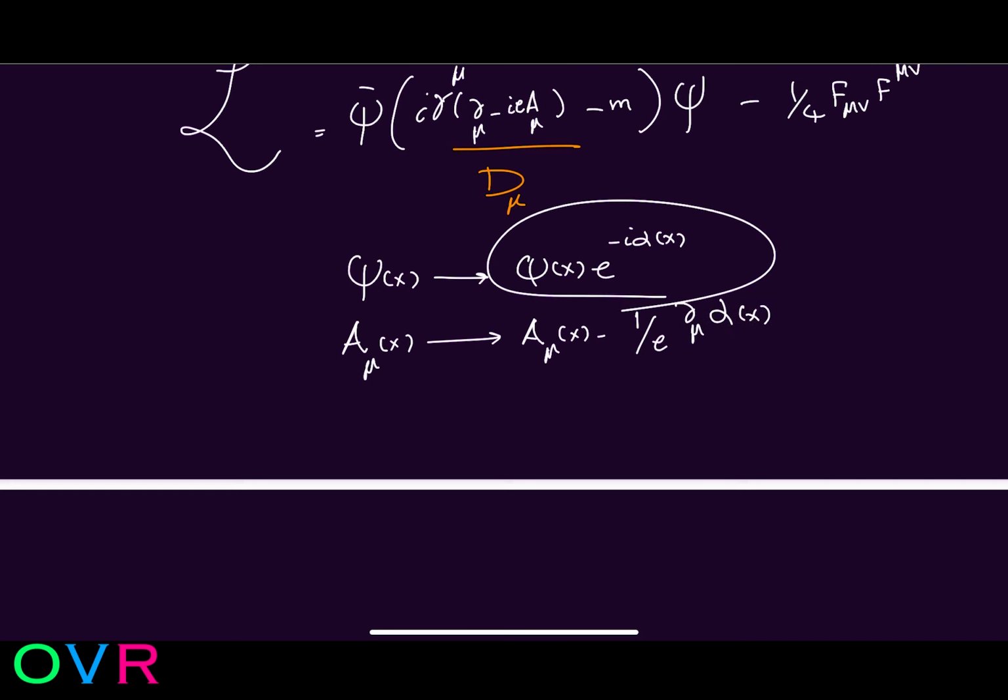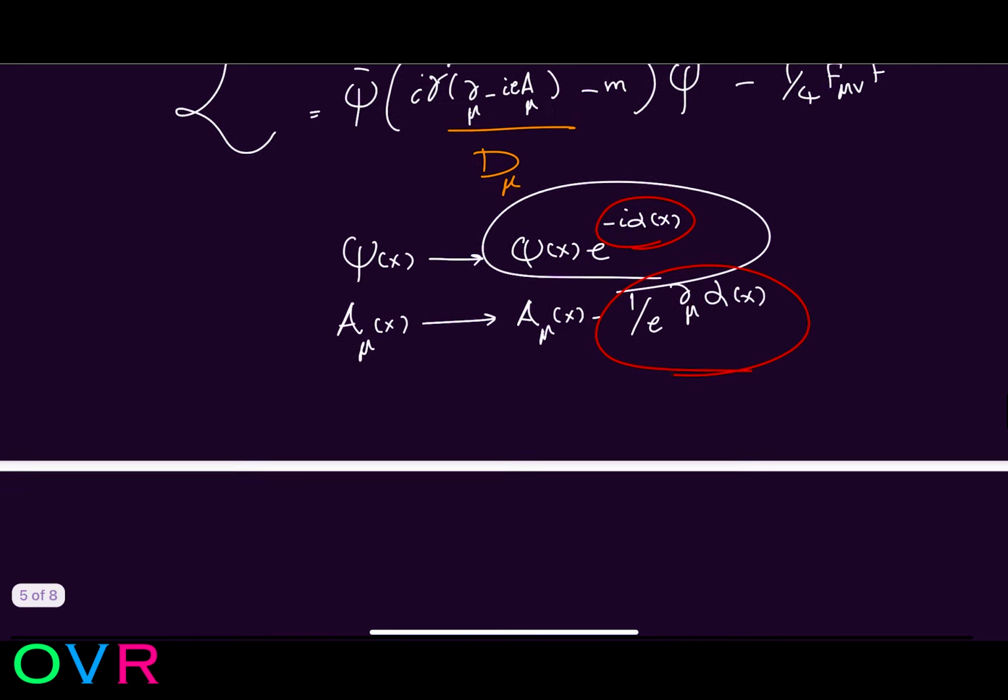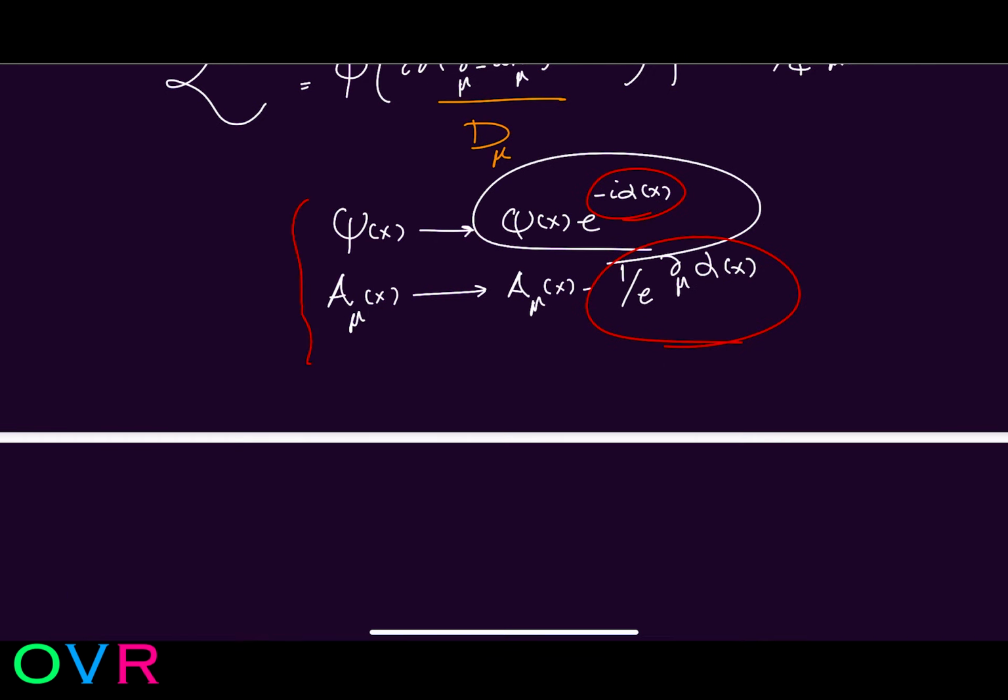If I transform a field with an arbitrary function alpha, I should also use that alpha function to shift my electromagnetic field, because that's a constraint on how these systems are interacting. It's very beautiful. It's the concept of a gauge field. We're going to get to that, but this is just an introduction. So this is one type of interaction we're dealing with, fermionic interaction with the electromagnetic wave.